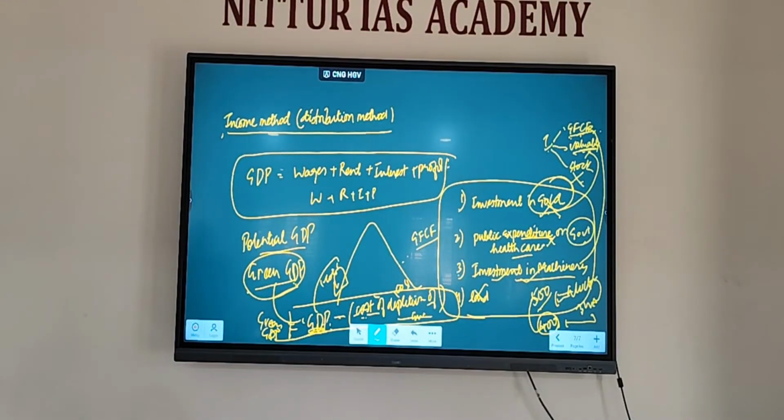Lastly, GVA provides sector-wise information regarding value addition, while GDP measures the total or overall sector performance.